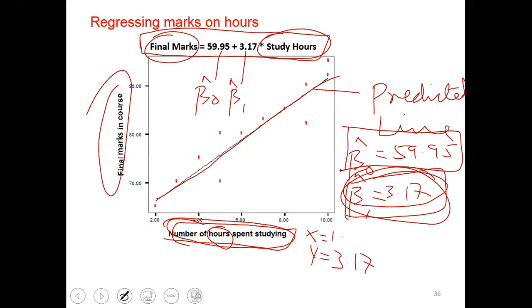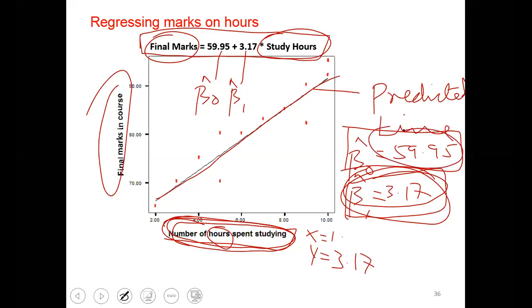Yeah. So yeah, you are partially right. When you don't study in the hostel, that means you are listening only to lectures, right? So your knowledge is based only on lectures. You are not putting in any extra studies per week. So what is the value of the number of hours that you are studying extra? 0. If you study 0 extra hours, still you can get 59.95 marks.